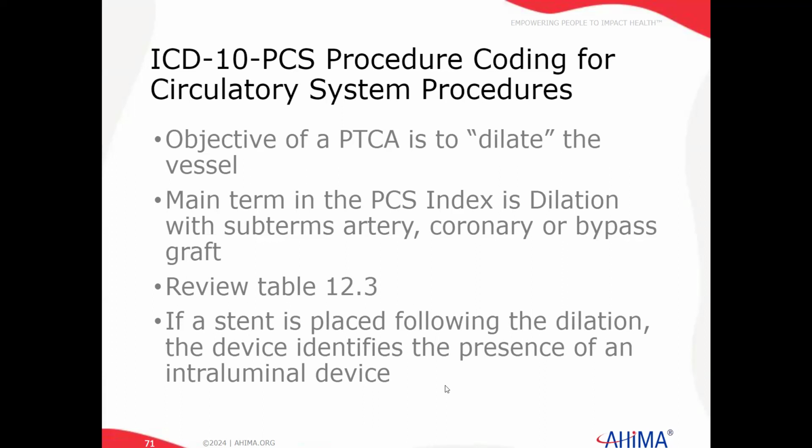You can see these in table 12.3. If the stent is placed, and again, the stents can be placed either in the native coronary artery or in the bypass graft, but if it's placed following the dilation, the device will be an intraluminal device. In other words, it's inside the coronary artery.